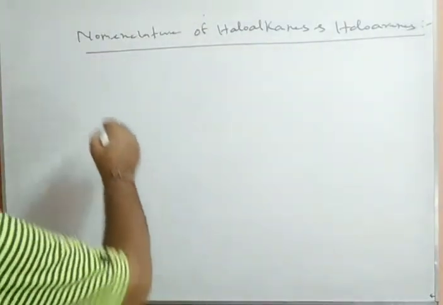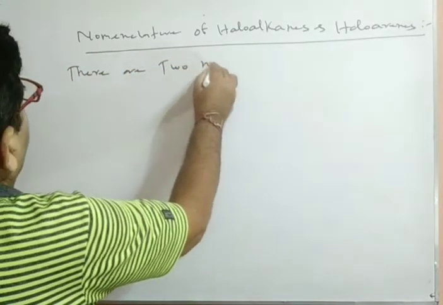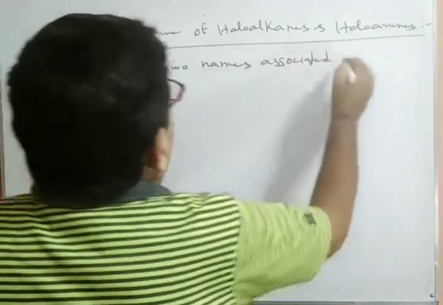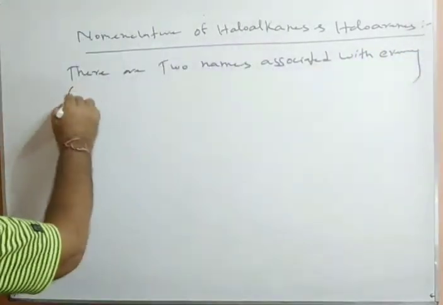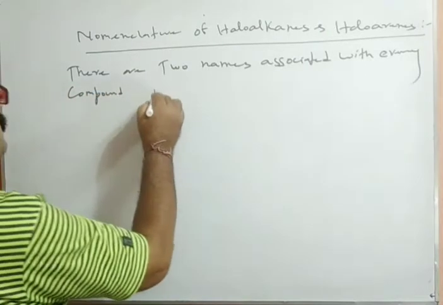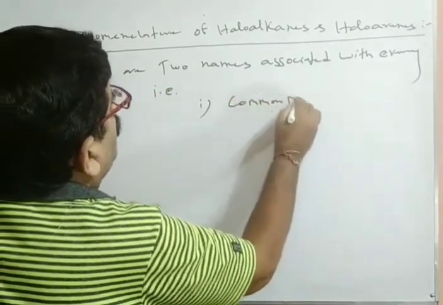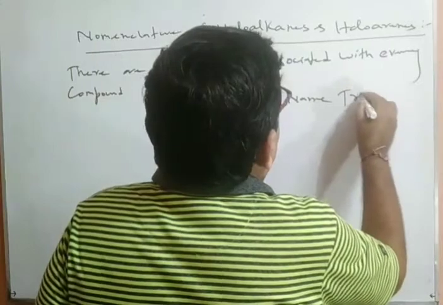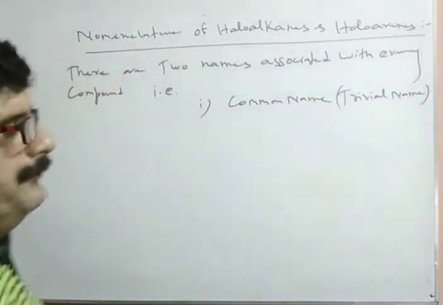So we can write: there are two names associated with every compound. First one, common name. Common name is also called trivial name, or you can say general name.